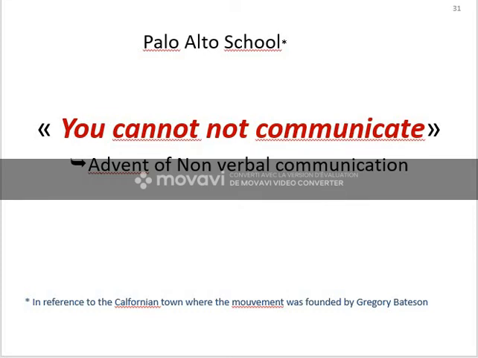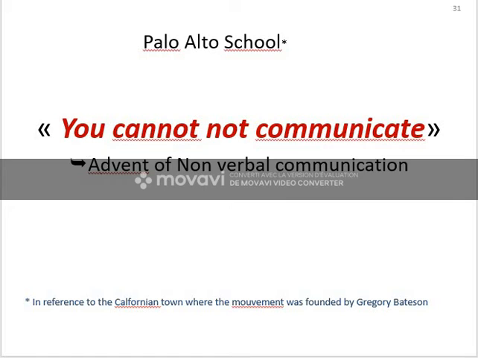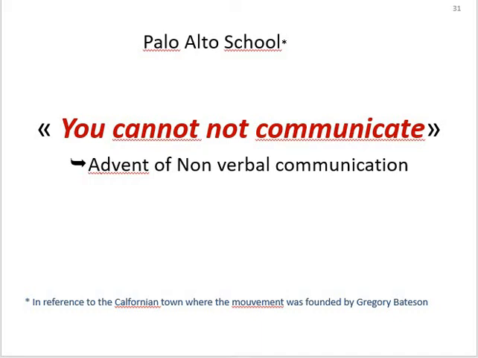This means that the company is basically forced to care for its communication and to give it special interest, because even when there's no communication action, the company still sends some message. For example, if you don't make advertisements, nor promotion actions, no direct marketing actions, this actually sends some message.